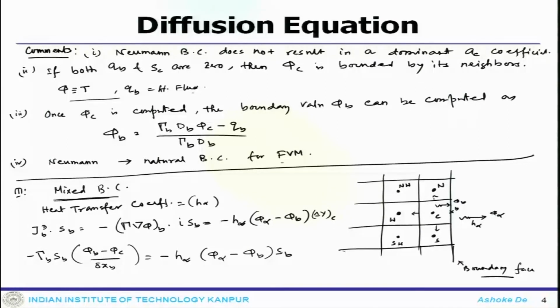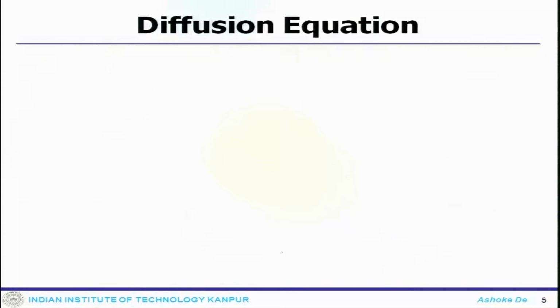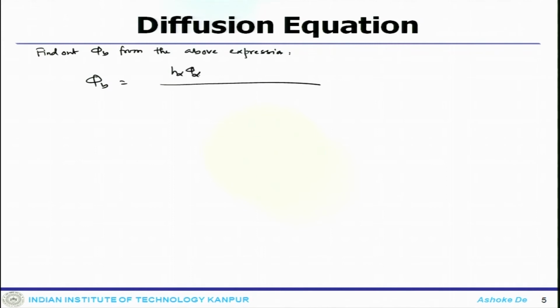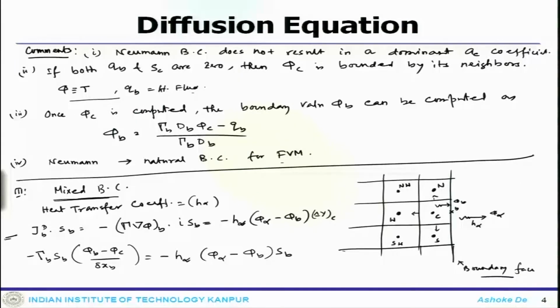Now, once you get this, you can find out phi B from the above expression, which is going to be phi B equals H infinity phi infinity plus gamma B divided by del x B into phi C, over H infinity plus gamma B divided by del x B. Now, this one you apply back in this particular flux information.